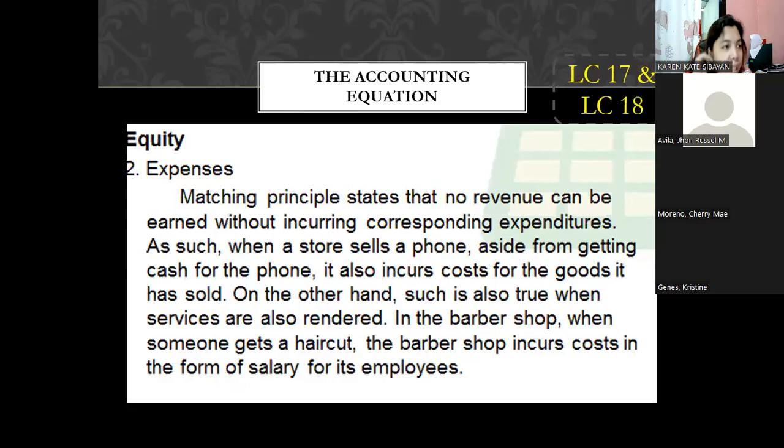For example, gawin nating private. Private si Madam. Dahil magaling magturo si Madam, kunwari, maraming nainganyo na estudyante na mag-enroll doon sa private school na yon. So in return, yung private school na yon, magkakaroon siya ng expenses kasi kailangan niyang bayaran ng sahod si Madam. Yun lang po ang simpleng explanation nitong matching principle of accounting.